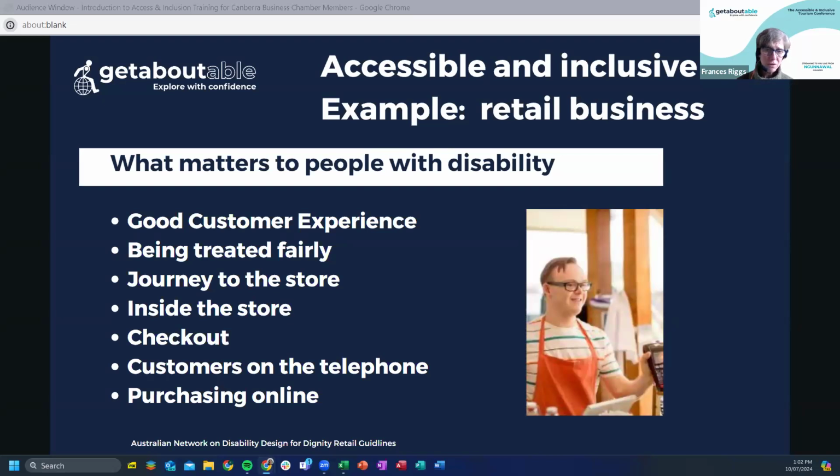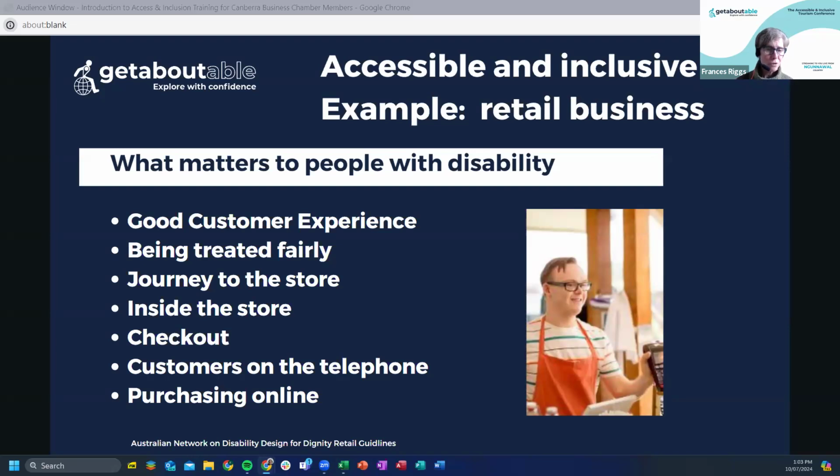In relation to customers on the telephone, we've talked a bit before about being able to have that opportunity to have that positive experience, but that can be relatable to people without disability. You're absolutely correct, Melinda, but I think also, as we've talked about before, if you have the opportunity to be able to speak through the TTY line because you are deaf, then you wouldn't be able to do that on the telephone otherwise if the TTY was not available.